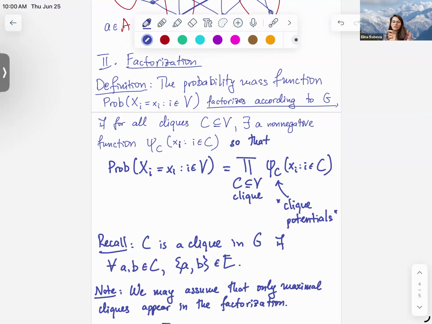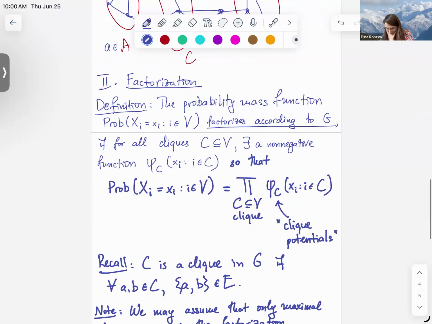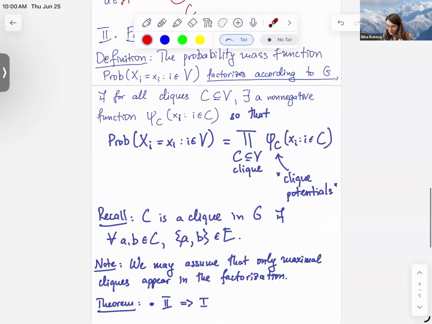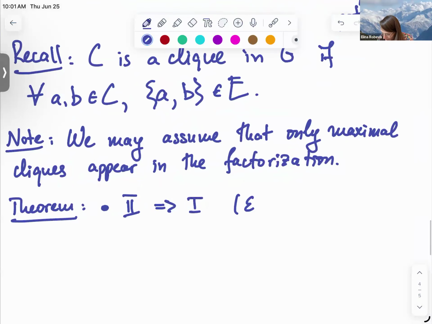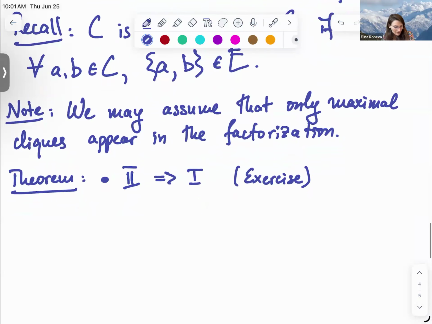Here one has to just look up the definition of conditional independence, and it says something about how this factorizes, and you can use this factorization to prove it. And actually I'm leaving this as an exercise. I usually leave it as a homework problem when I teach the class.